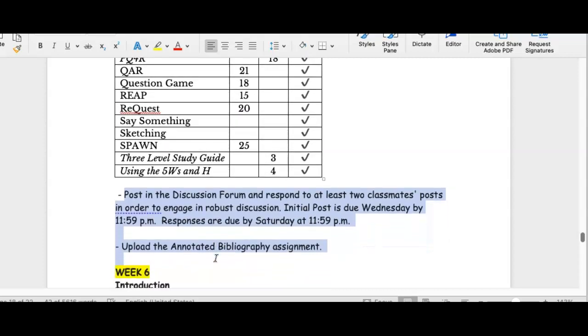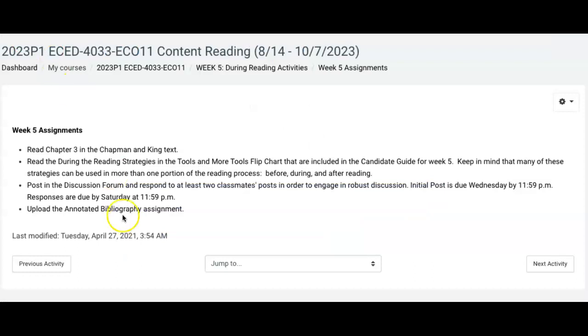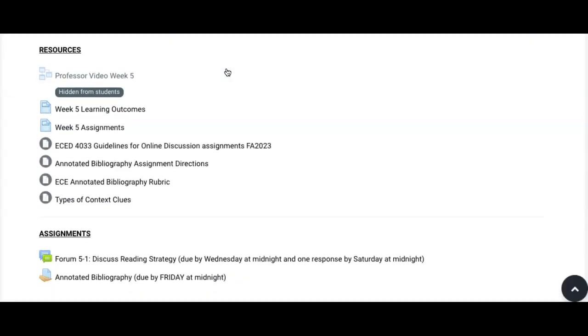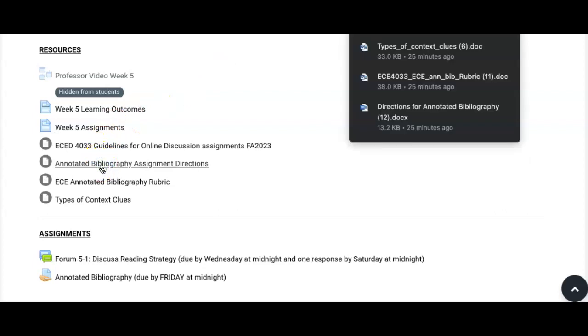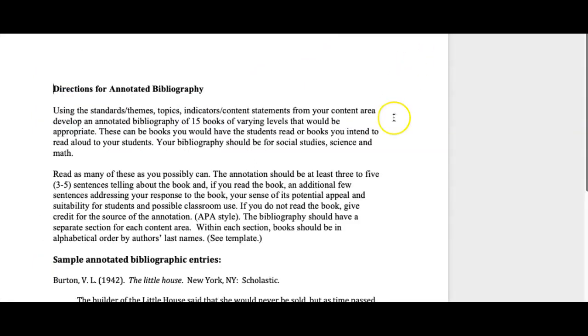You also have to upload the annotated bibliography assignment this week. Here are the directions. Please read them before doing your annotated bibliography.